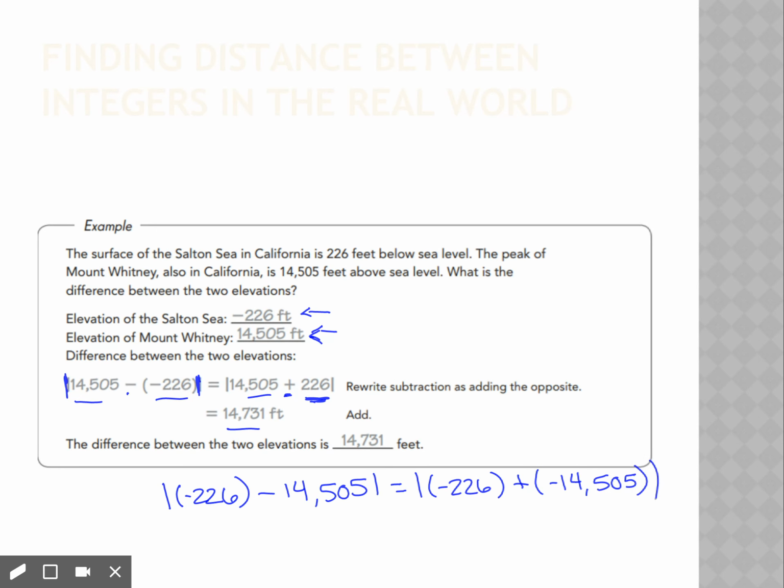We would have added both negatives and had the absolute value of negative 14,731, which would have turned out again to be 14,731 feet because of absolute value. So the order of which you put the two numbers does not matter when finding the distance.